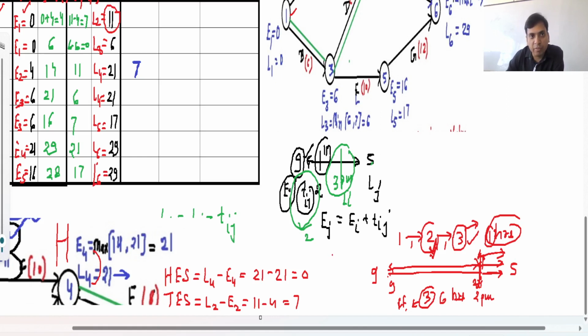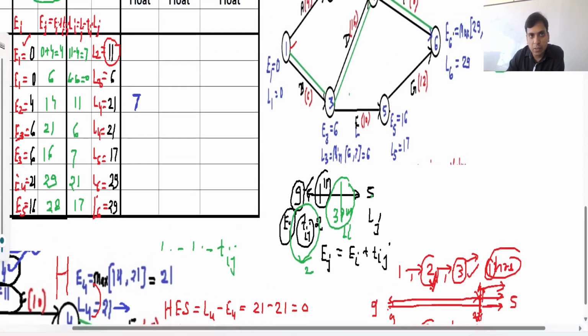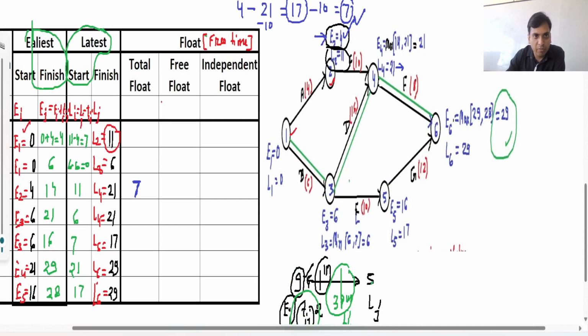So what is the formula for free float? Free float is total float minus head event slack. So total float for this activity is 7.